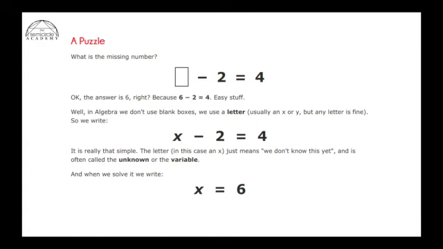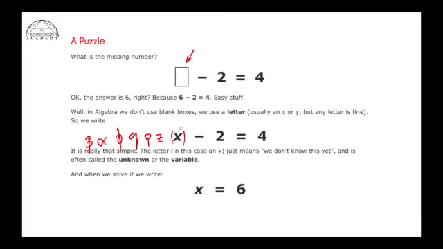So we started off here with some simple little things where we have a missing number, and instead of putting a box, we could actually use a symbol, whether it's X or Z or P or Q or phi or whatever. We could use alpha, gamma, beta, all those kinds of things, right?